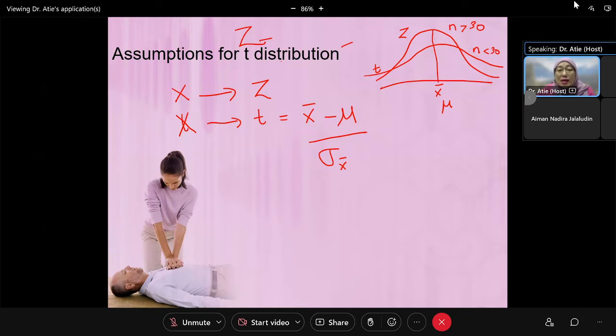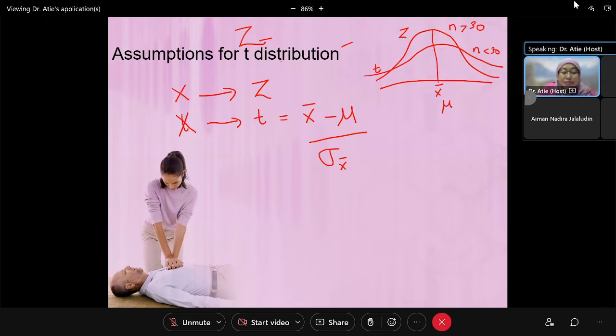The characteristics are the same: the sample should be randomly selected and normally distributed, meaning balanced left and right. You can refer to page 86 for the assumptions for the student's t distribution.